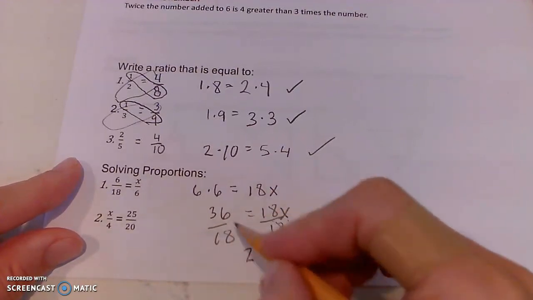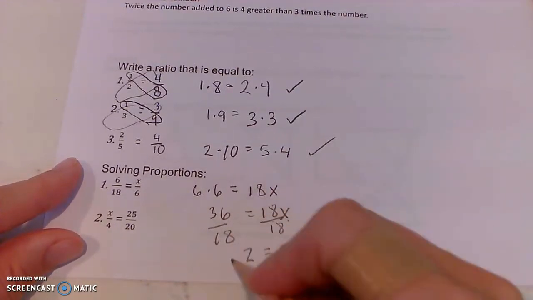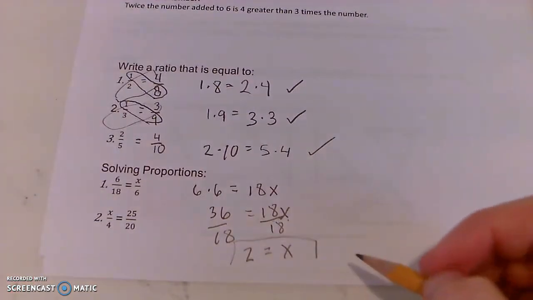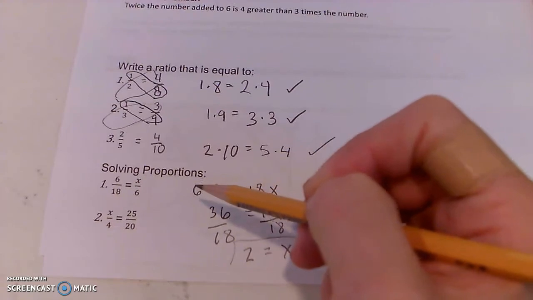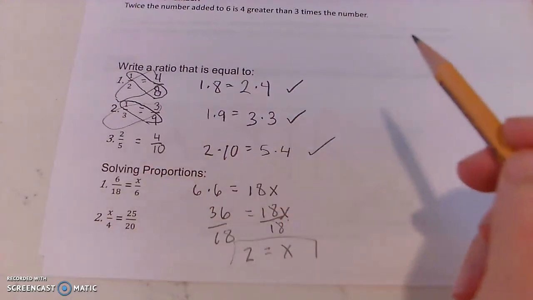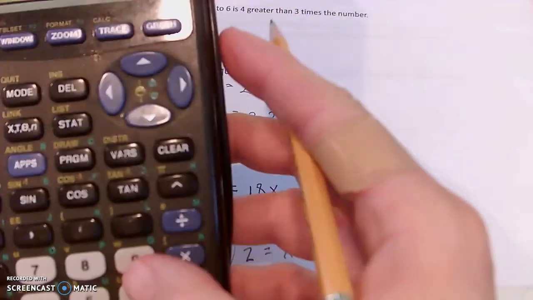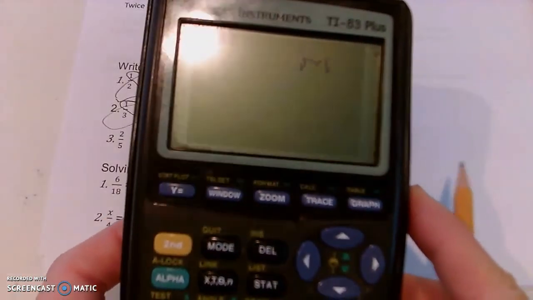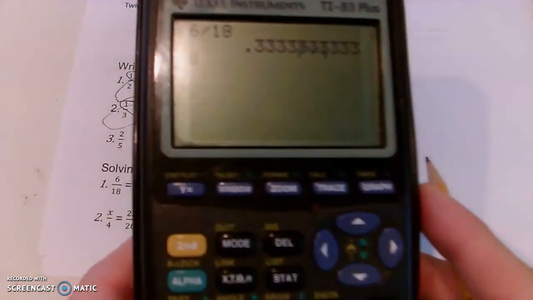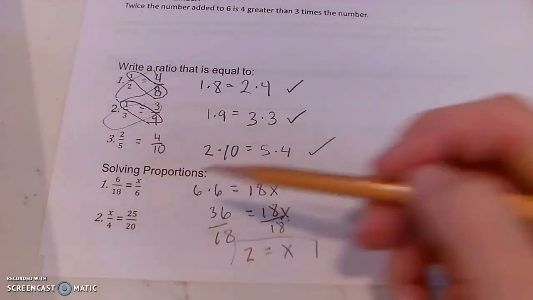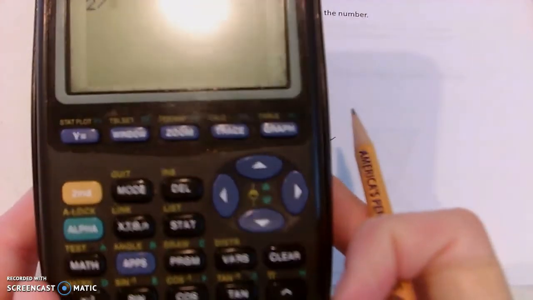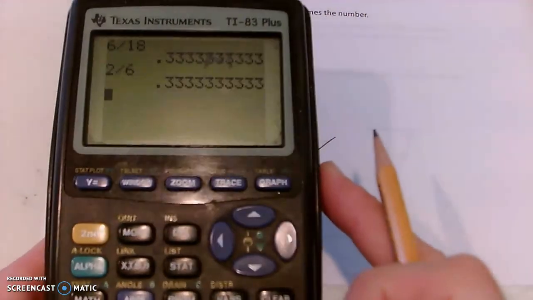I get 2. 36 divided by 18 is 2. x is equal to 2. So it'll work out. You can even plug it back in and make sure that it's true, that 6 over 18 is equal to 2 over 6. And I know it's true. 6 over 18 is 0.333. And I'm trying to see, is 2 over 6 going to be the same? And I know it is. You got it.